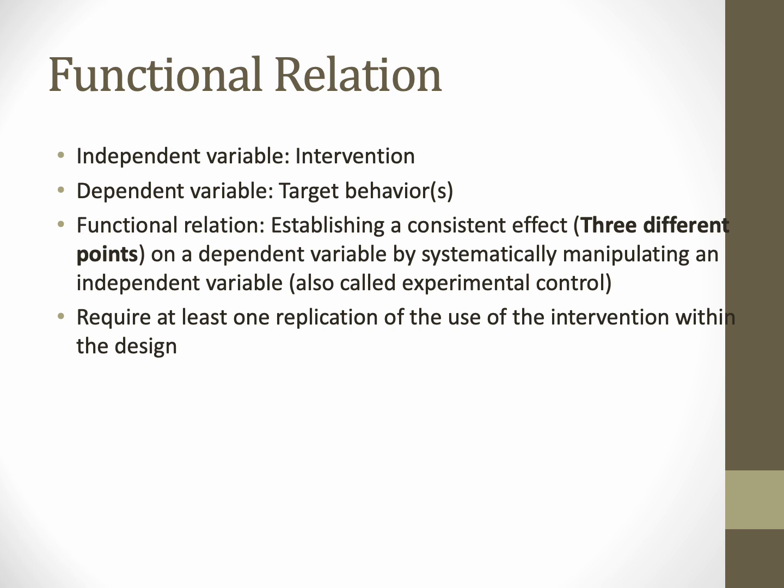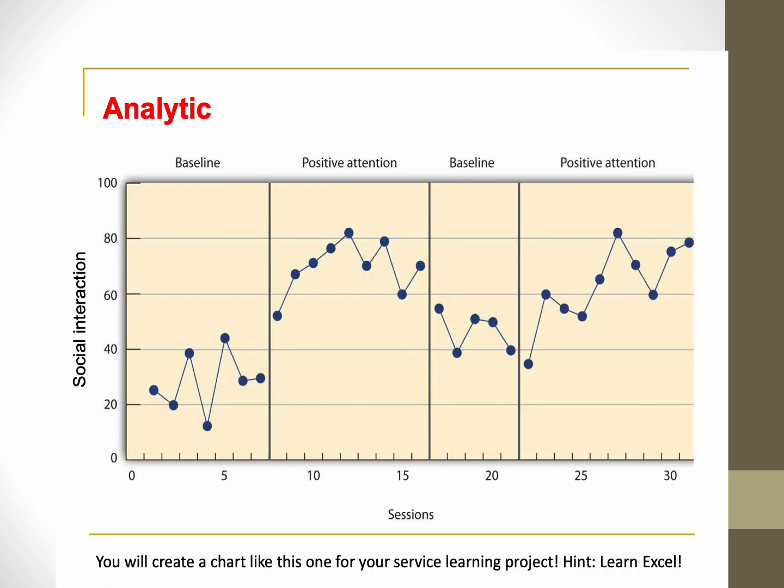So for example, this is an example of ABAB design. A phase is always baseline, B phase is always intervention. So AB, AB, you see baseline, intervention, baseline, intervention phase in this graph, right?